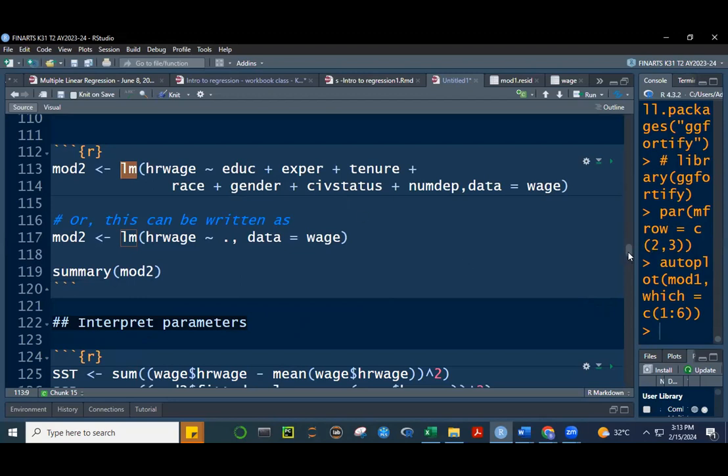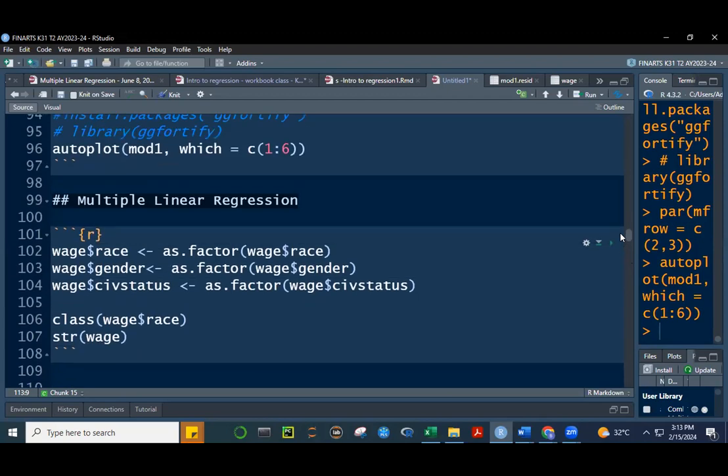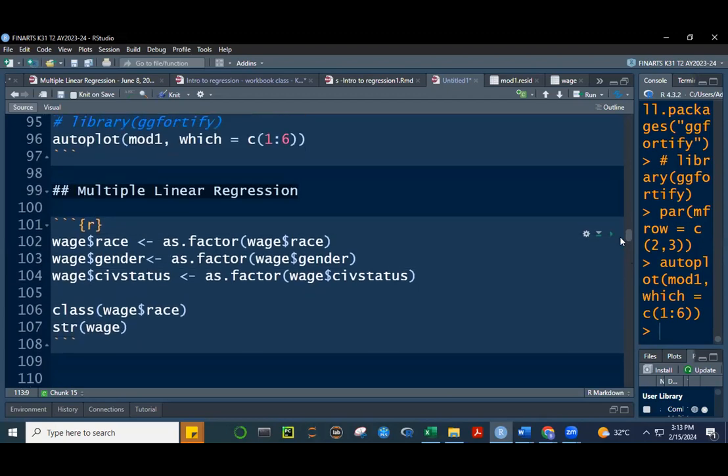But let me just backtrack a bit and tell you what we had to do before. So dati, kailangan yung race, gender, civil status coming from the wage data set, kailangan i-as factor muna namin yan. So as.factor, wage, race. Okay, why don't you do this? Siguro before na lang the LM2, i-run natin, tapos tingnan natin kung ano mangyayari sa data natin.